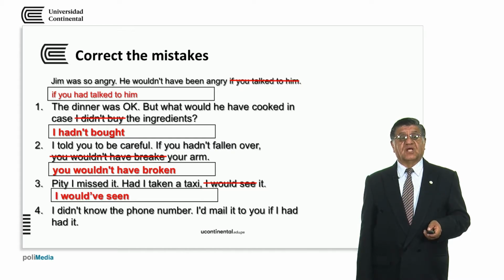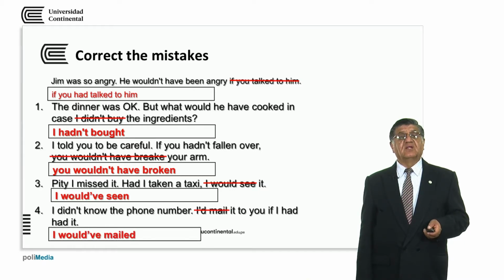So obviously that's the mistake, because we need would, could or might, have, and the past participle form. Okay, so instead of I'd mail, I would have mailed it to you if I had had it. If I'd had it. Okay?